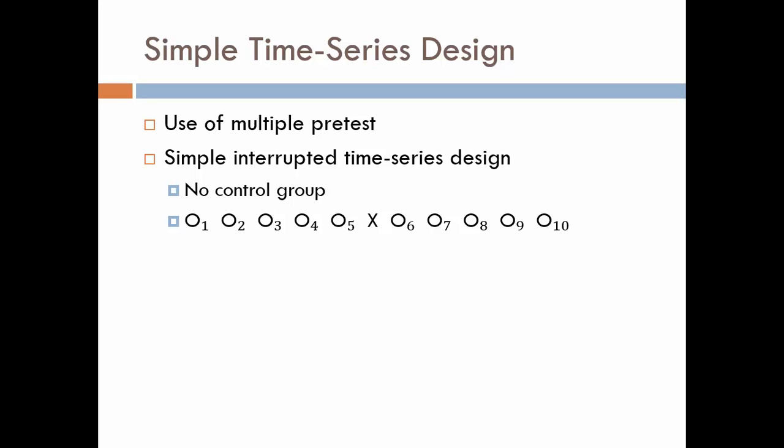So we'll have lower internal validity if we see changes there, right? If it isn't what we expected. So the simple time series is also an experimental design. It does not have as high of internal validity as the classic experimental design, but it still has good internal validity.